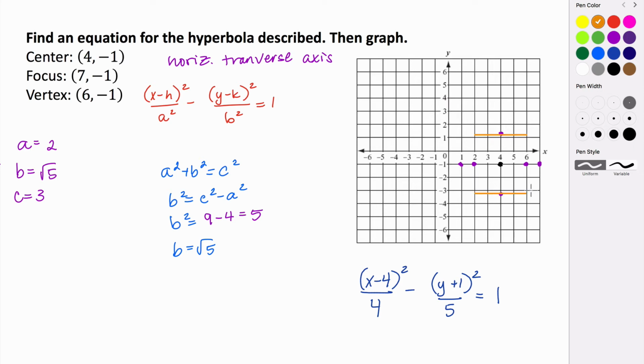There we are. And then it goes down this way and this way. And then we have asymptotes. So the asymptotes go through the corners of the box. So it's going to look something like this. This here. And then here, like this.